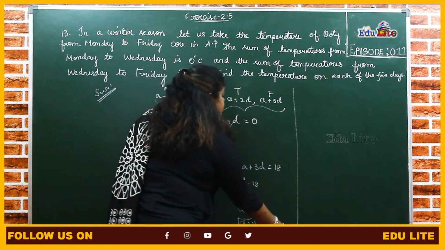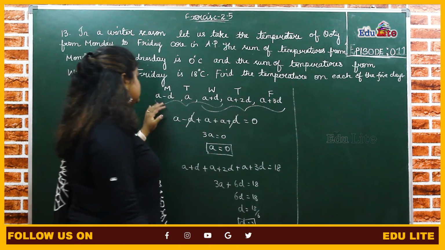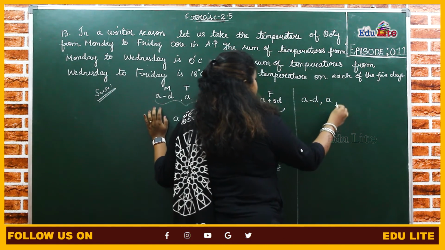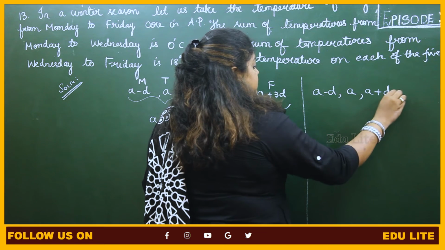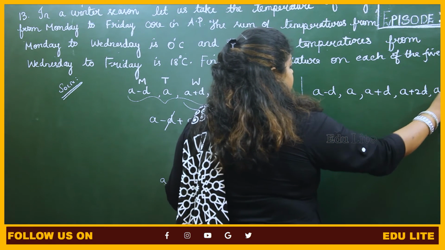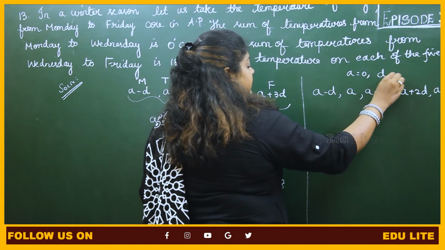Now we will substitute in this to get the temperatures of each day. First it is A minus D, A, A plus D, A plus 2D, A plus 3D, where the value of A is 0 and the value of D is 3.